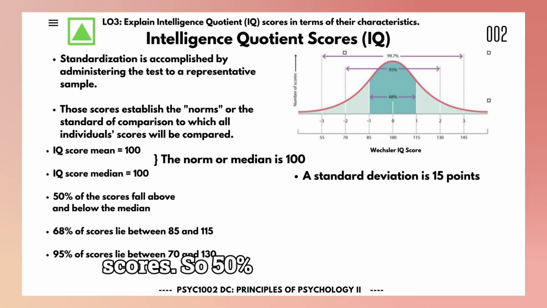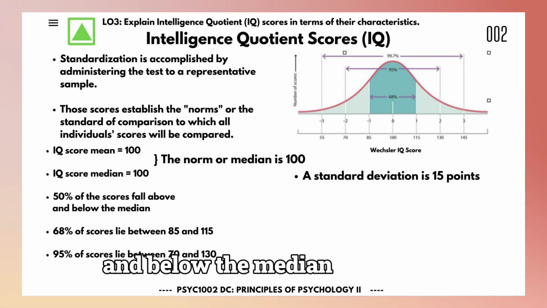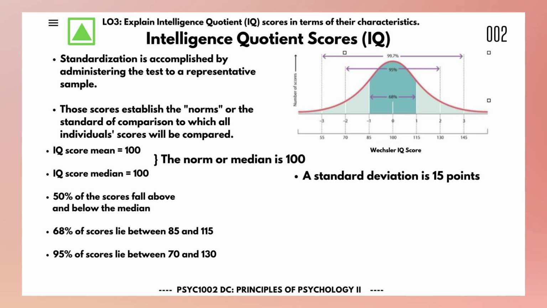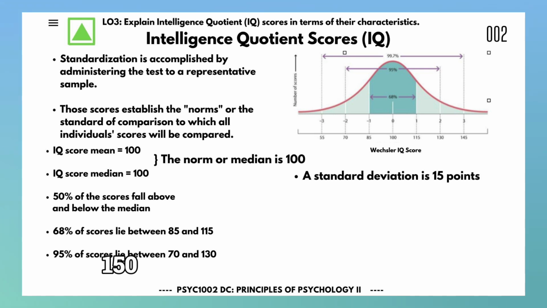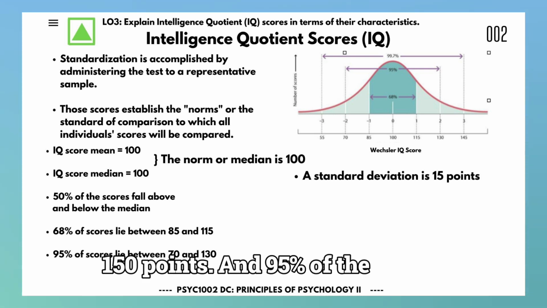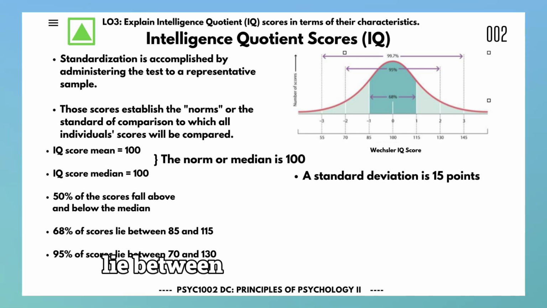So 50% of the scores fall above and below the median or the mean. 68% of scores lie between 85 and 115 points, and 95% of the scores lie between 70 points and 130.